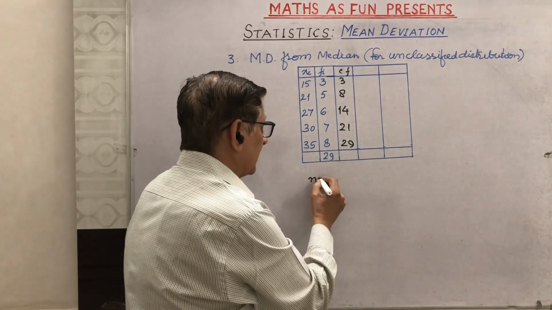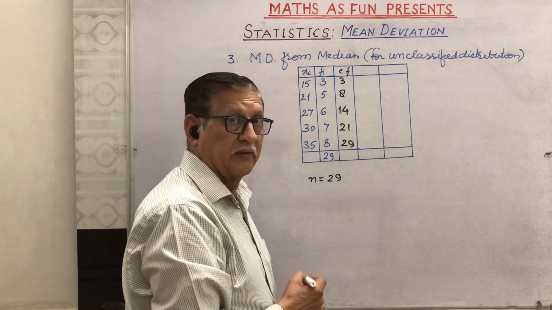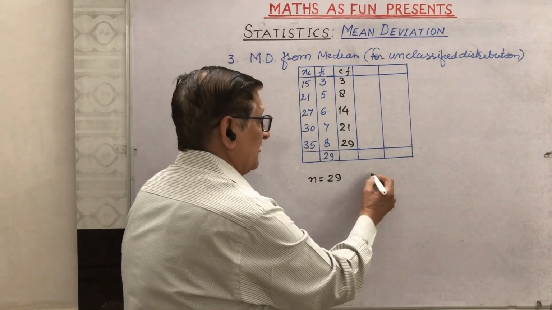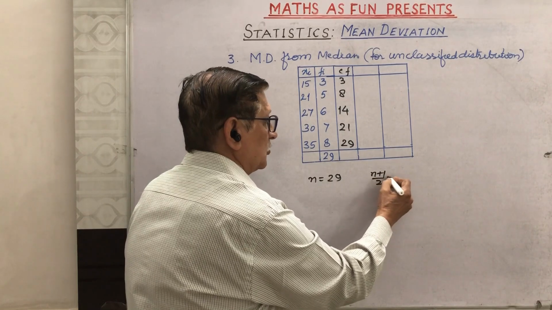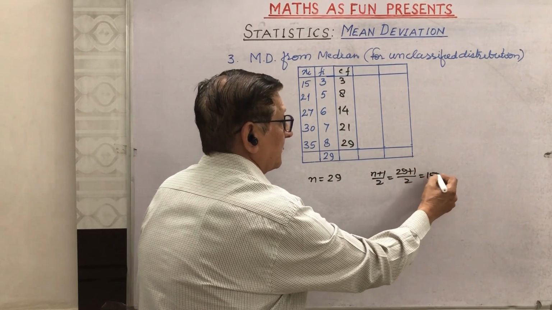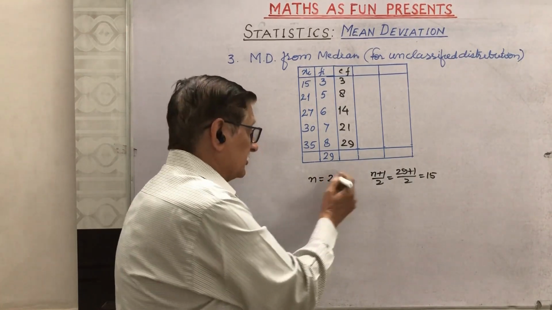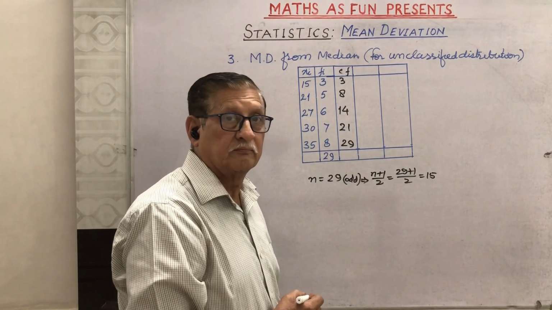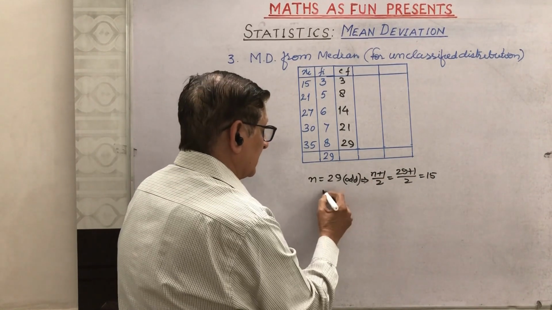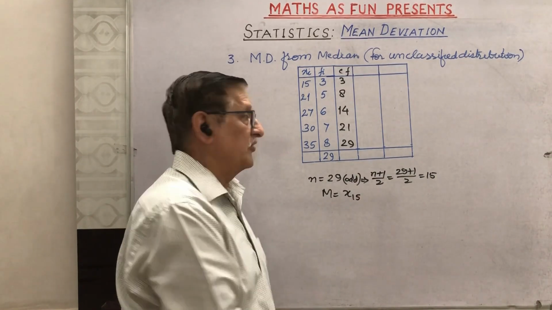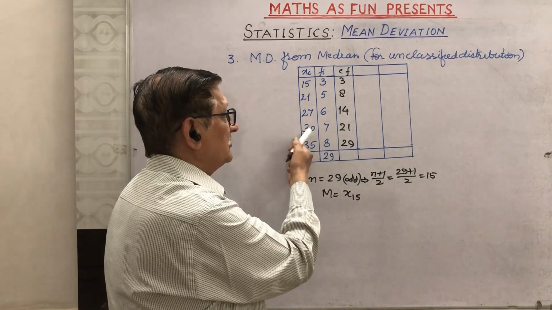Here we are finding n is 29. So there are two methods of finding the median in such case. Either we find n plus 1 by 2, that is 29 plus 1 by 2, that is 15. Why is it so? Because this is an odd number, and hence we know that the median will be the 15th data. The 15th data here comes as 30.